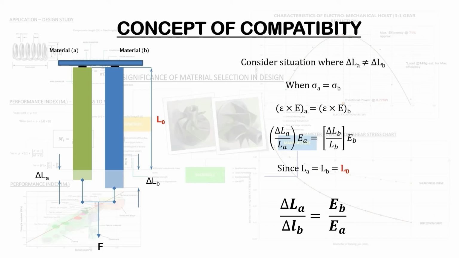And since the length in component A is the same as the length in component B, we can cancel out the original length to have the following relationship, that the ratio of the change in length of material A to that of material B is equal to the Young's modulus, or the elastic modulus, of material B with respect to the Young's modulus regarding material A. And there we have it.